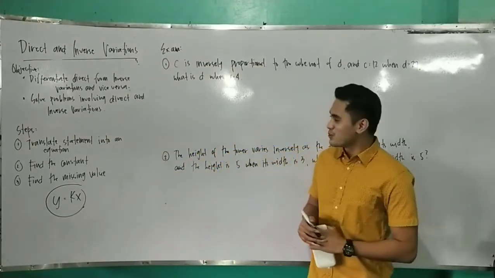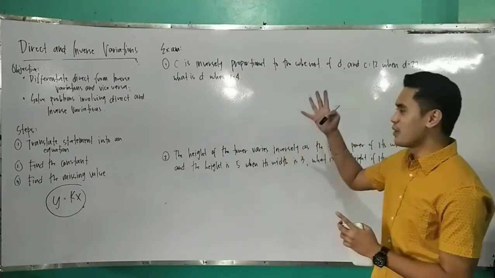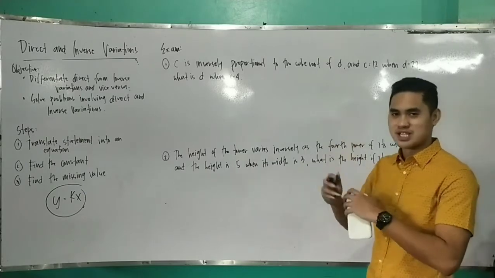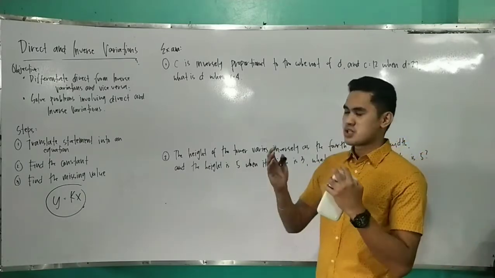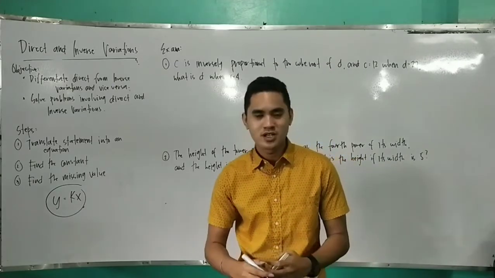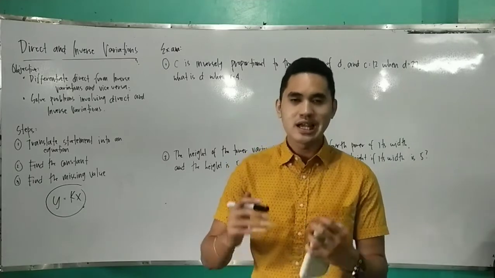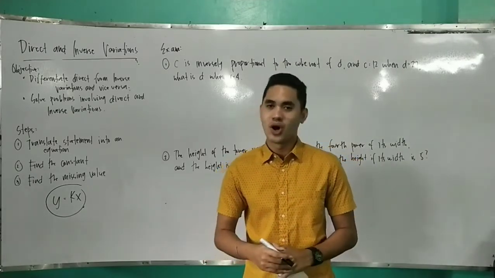So, bali dito, doon tayo sa next natin, yung inverse. So, same pa rin tayo. Meron tayong dalawang example for inverse variation. So, ayan. So, sa definition ng inverse, bali dito, ito yung kabaliktaran ng direct. So, meron tayong y is inversely proportional to x, where k is a non-zero constant.